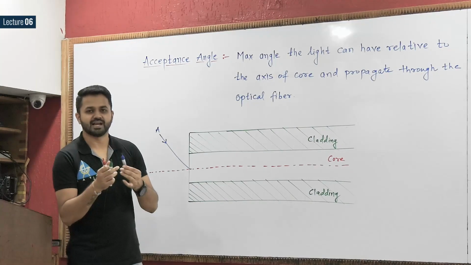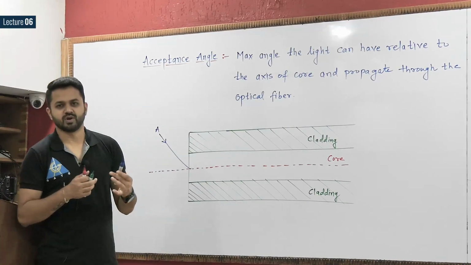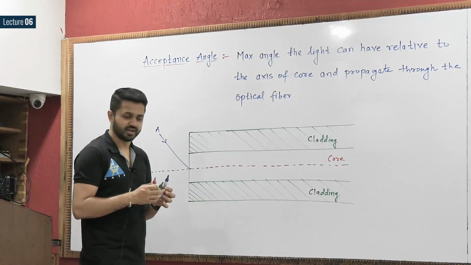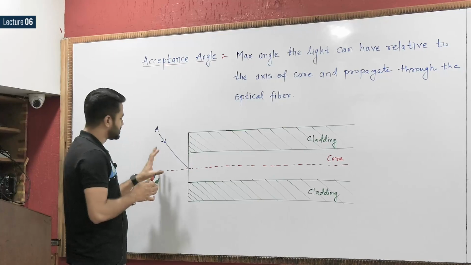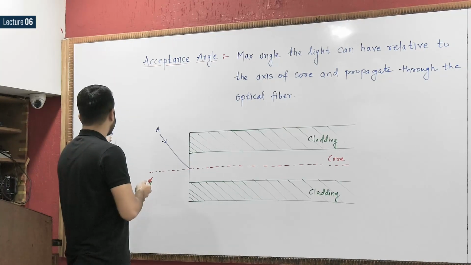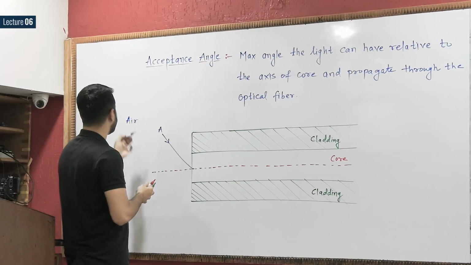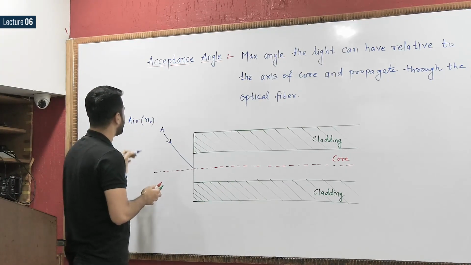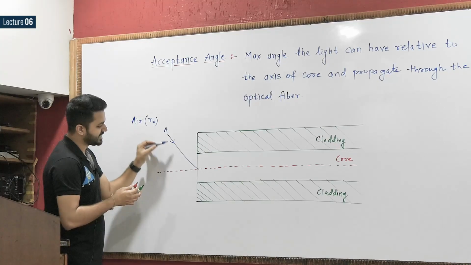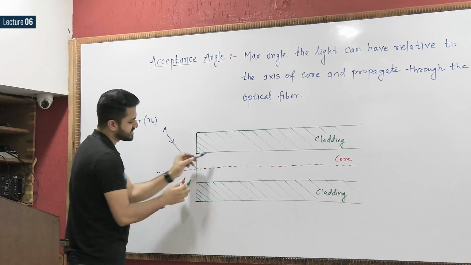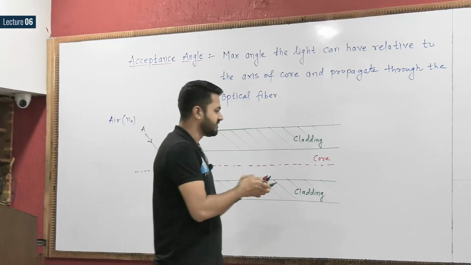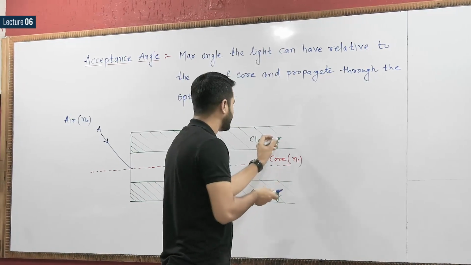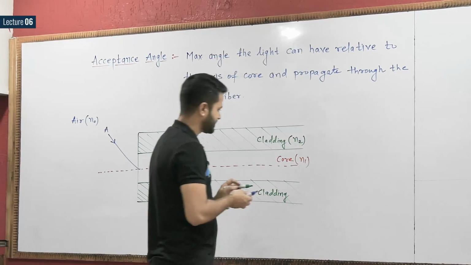Whenever light is incident from one medium to another, it makes an angle with the normal of the boundary. The medium it is coming from is air, having refractive index, suppose, N0. The core has refractive index N1, and the cladding has refractive index N2.